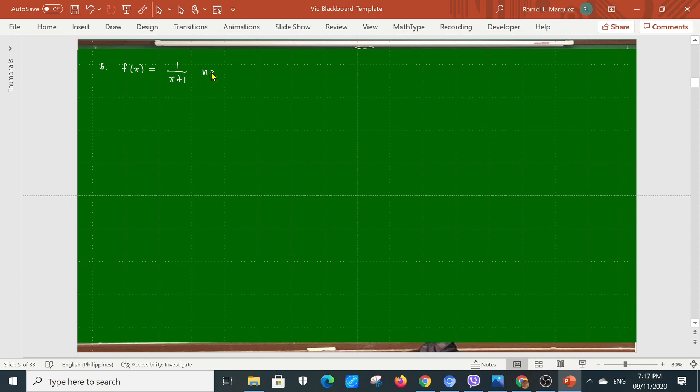Near x equals negative 1, the function has a problem here, right? Because at x equals negative 1, we have an undefined value.